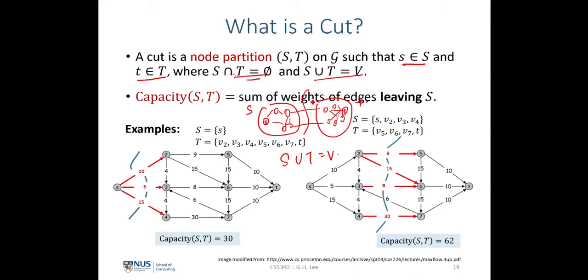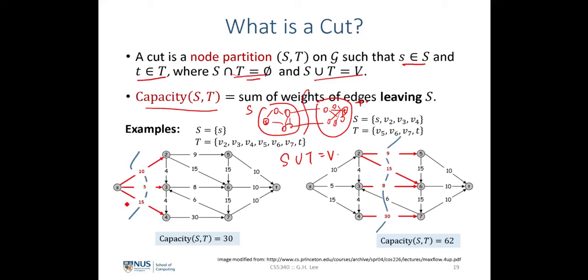The sum of the weights, or capacities, of the edges that we cut is what we call the capacity of the ST cut leaving the set of nodes S. There are two examples shown here of a valid cut.